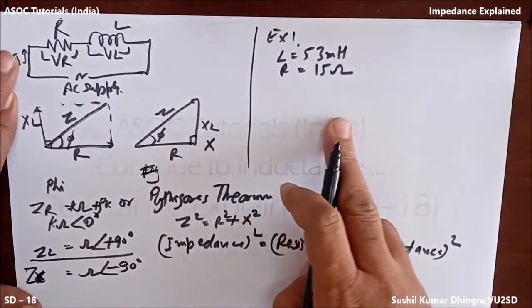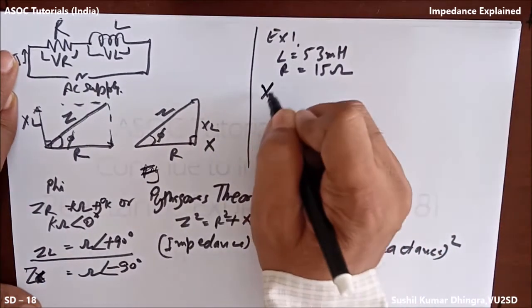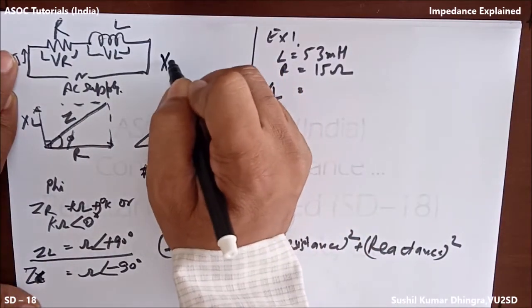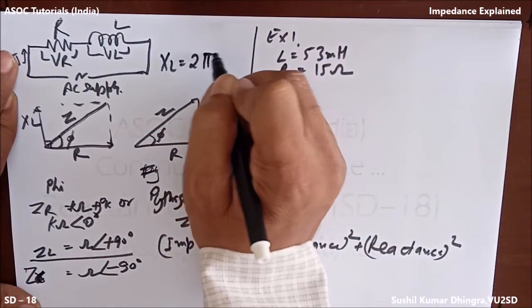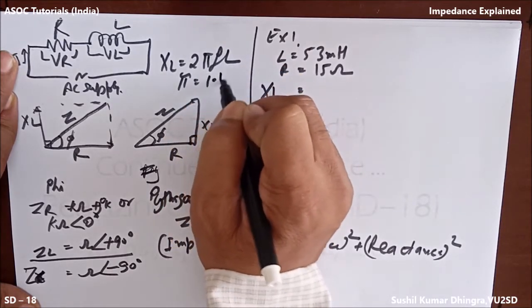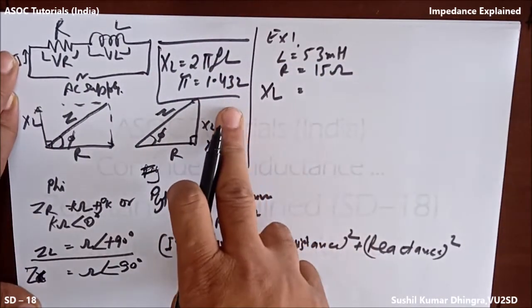I hope you can see clearly. Now first what I need is XL. Remember I gave you the formula: XL is equal to 2 pi FL.